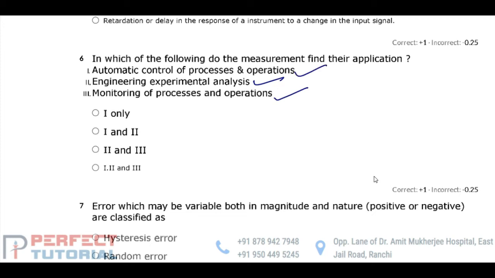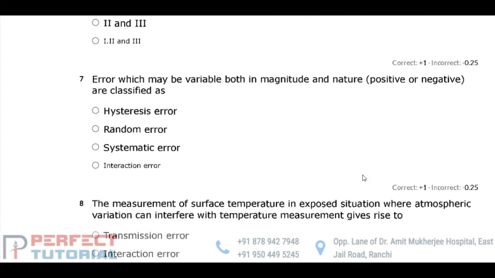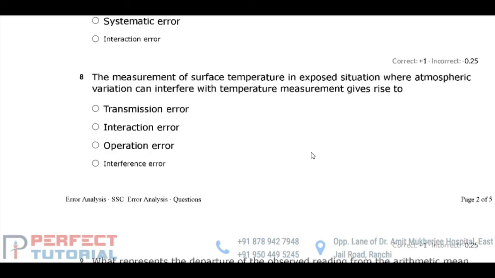So all the three statements are correct with respect to the given problem. Next, error which may be variable both in magnitude and nature, positive or negative. This is what your random error. Next, the measurement of surface temperature in exposed situation when atmospheric variation can interfere with a temperature measurement gives rise to. This is what the interference error.